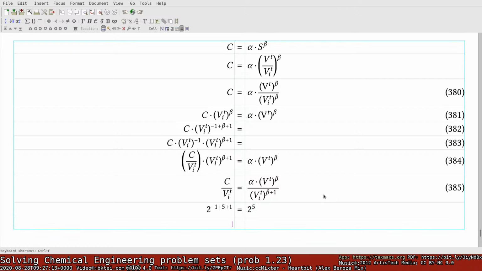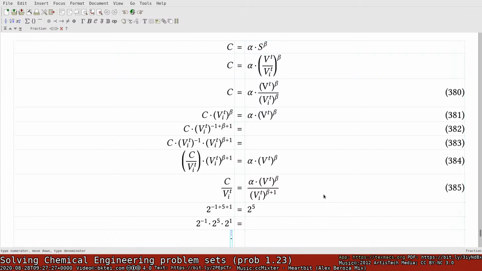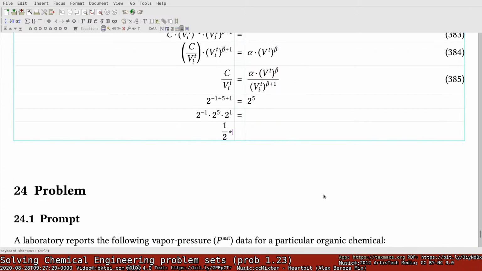If you split that up, 2 raised to the negative 1 times 2 raised to the 5 times 2 to the 1, that's equal to 1/2 times 2 times 2, 5 times, and one last time.